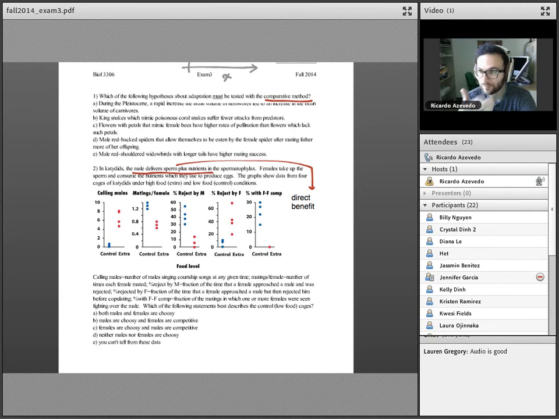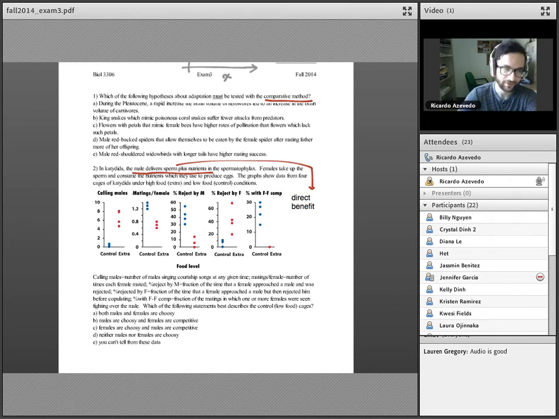In the case of direct benefit, you get something that is immediately usable, like food, or a territory, a foraging range that can be defended against predators in the environment. Those are benefits that would directly affect the female.